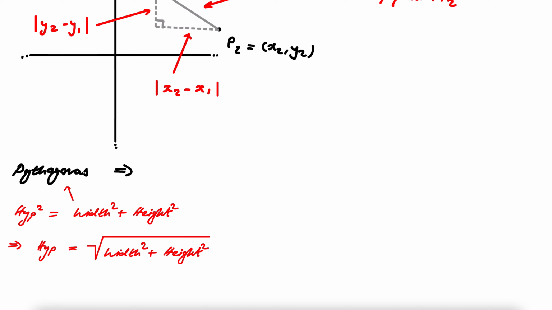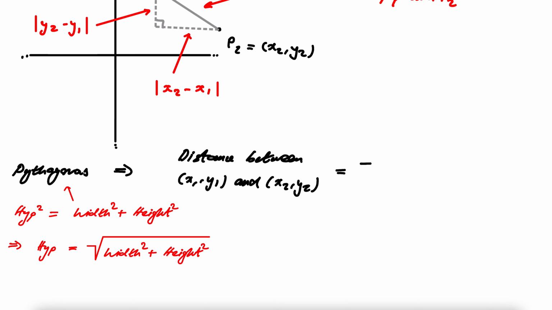Nice. So let's just write that in this case. It's a little off to the side, so this implies the distance between x1, y1 and x2, y2. What's it equal to?